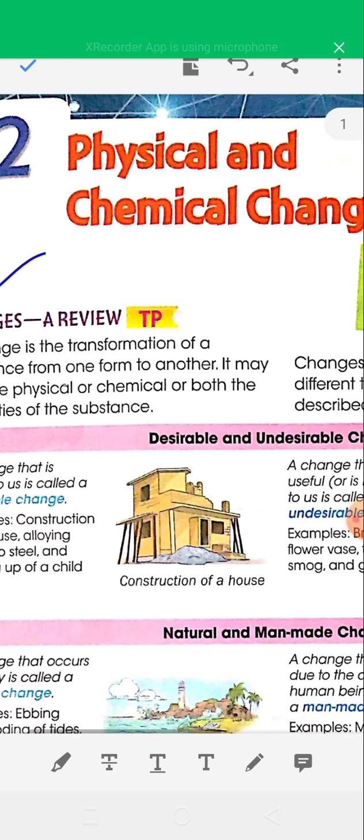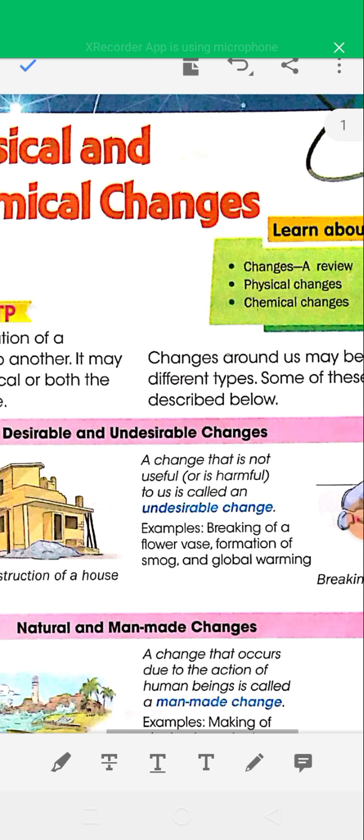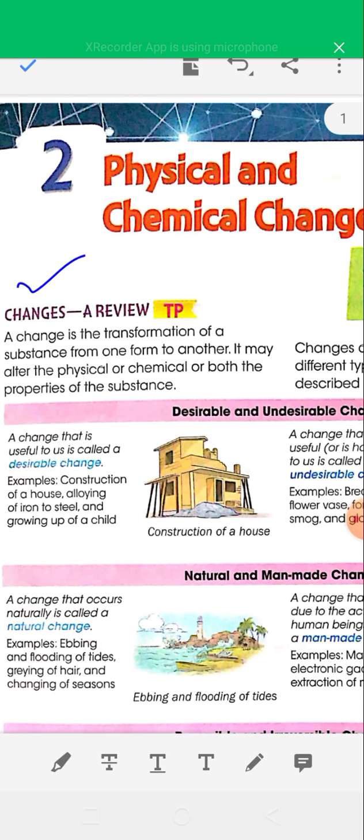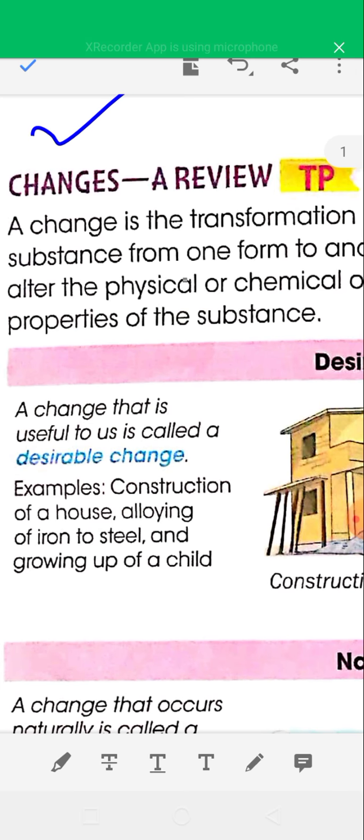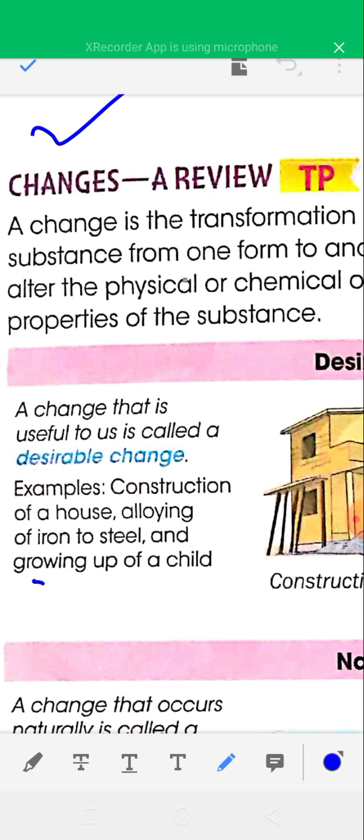So first type of change is desirable and undesirable changes. A change that is useful to us, that is not harmful to us, is called a desirable change. For example, growing up of a child, or construction of a house.